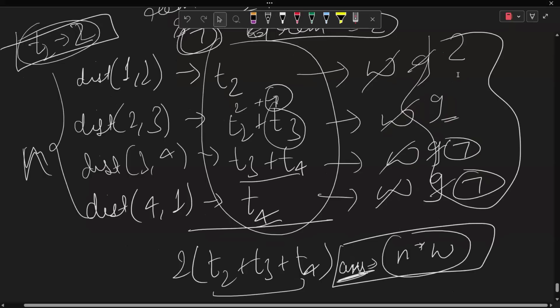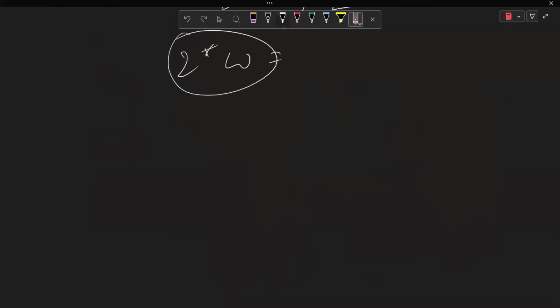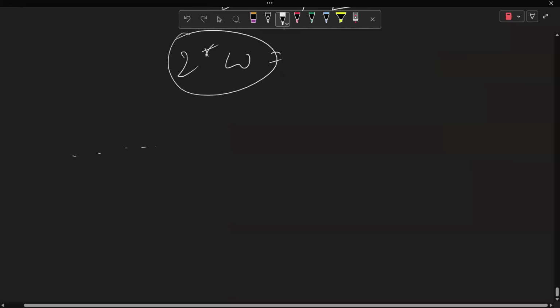So what I can say is my final answer, after some point, let's say after replacing some edges, there are some values that are known. So some Ti are known and there are some Tj, let's say, which are unknown.